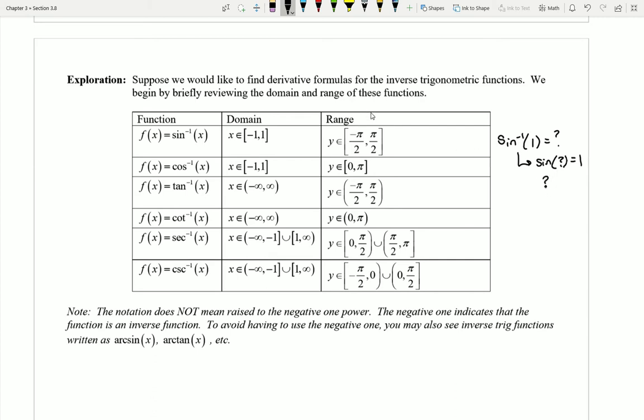And so what you'll see listed over here in the ranges are the possible answers that are available for inverse functions. And so we have a couple different ranges. This little symbol here that looks like a C with a tick, or maybe like an E mark, just means that this value has to be one of the values coming out of this interval.